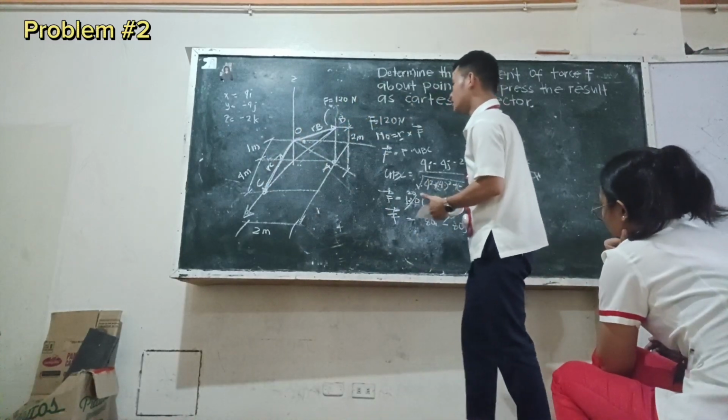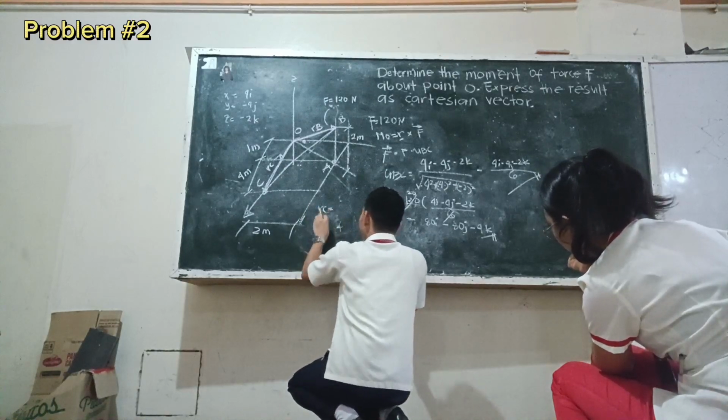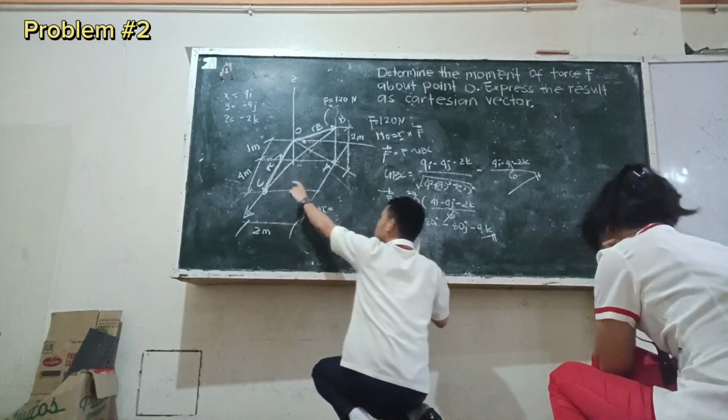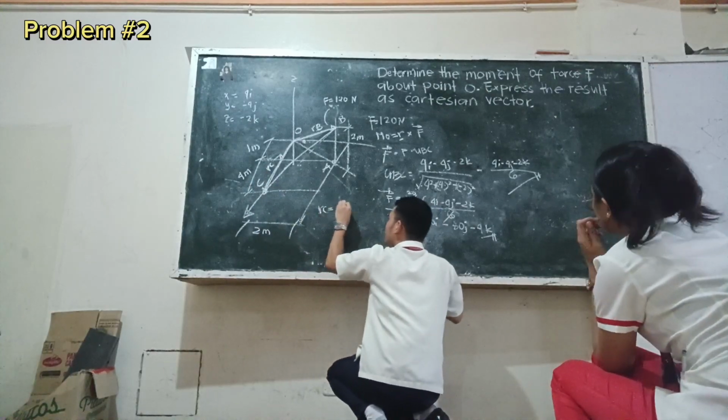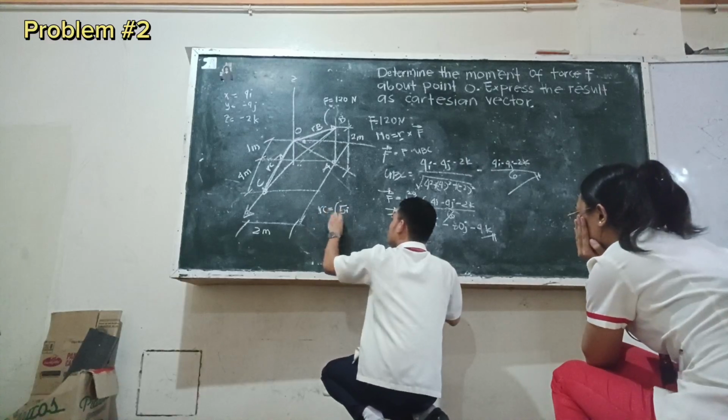First we solve for rC. The value of rC from O to C is 4 plus 1, which is 5i, since it is directed along the X component.